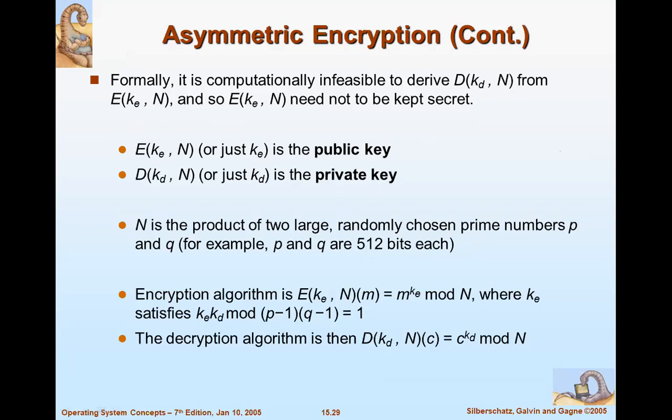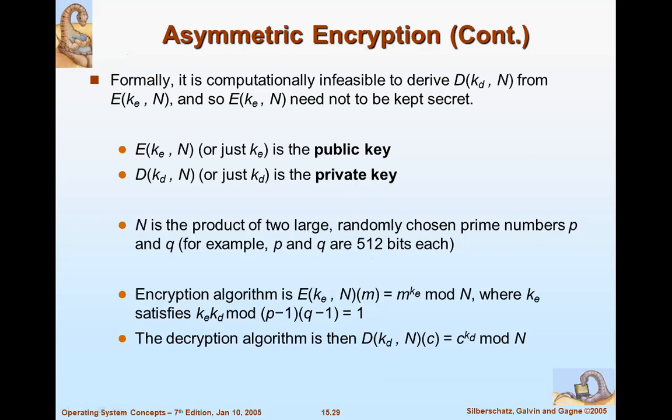Here the encryption process uses EKE, the public key used for encryption, and n. Similarly, DKD, the key for decryption, and n make up the private key. n is the product of two large randomly chosen prime numbers p and q. For example, p and q are 512 bits each.